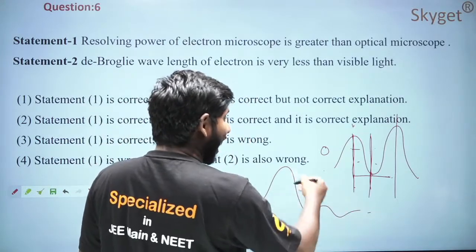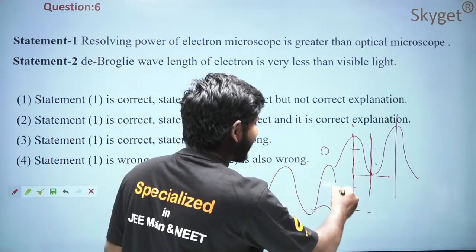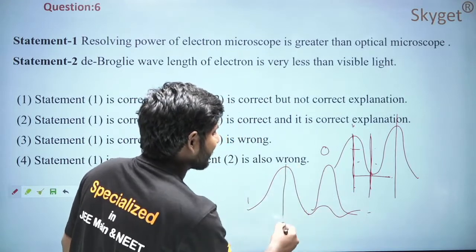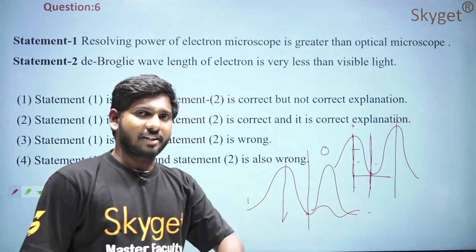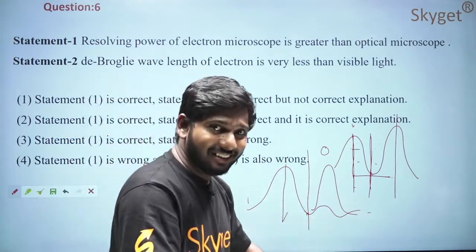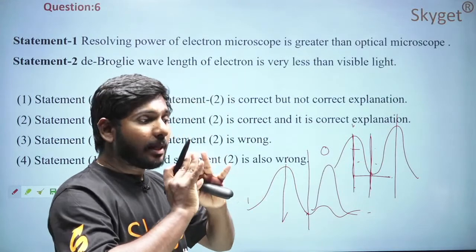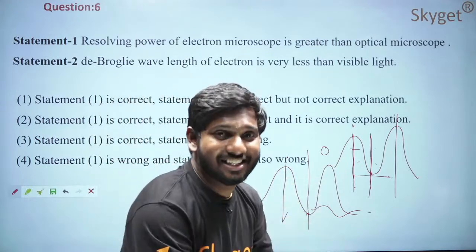So now the other object's image, we should be able to clearly distinguish, that should be at a distance higher than the first minima of the first object. So if the distance is higher, then we can say these two are clearly resolved.